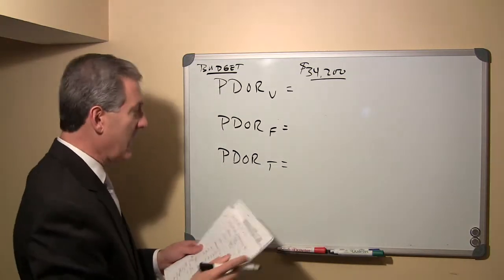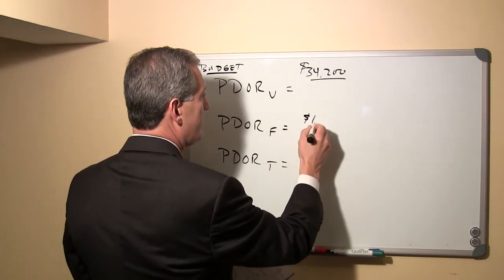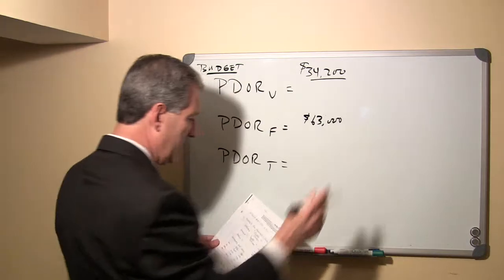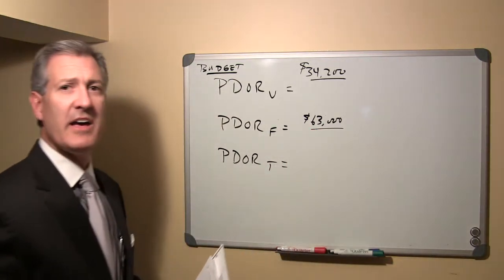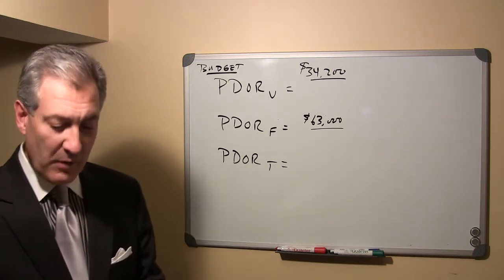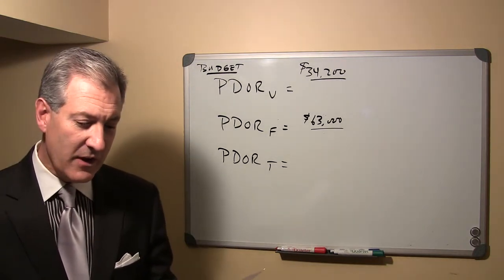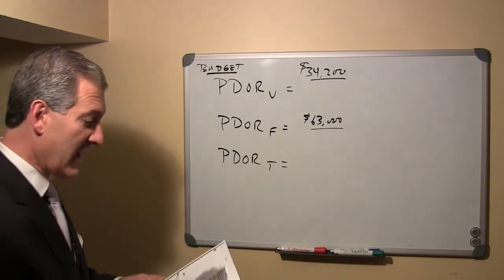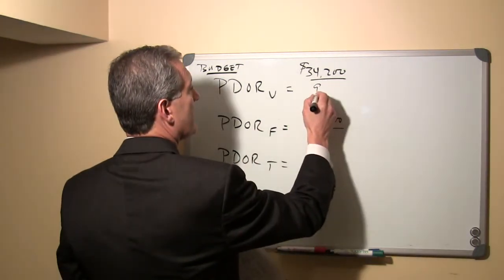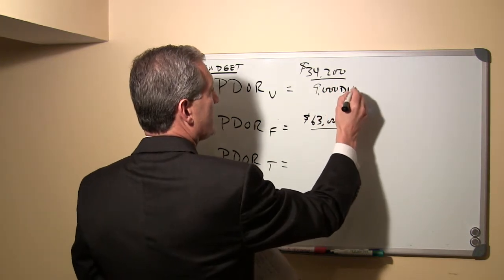They also tell you that the budgeted fixed manufacturing overhead is $63,000. The denominator value is exactly the same for both of these items, and they tell you that the denominator activity in direct labor hours is 9,000 direct labor hours, DLH.